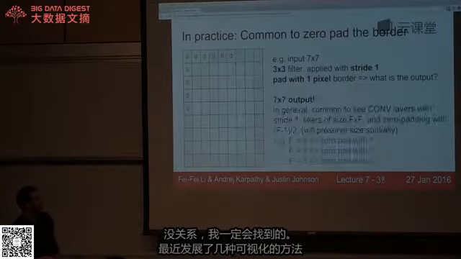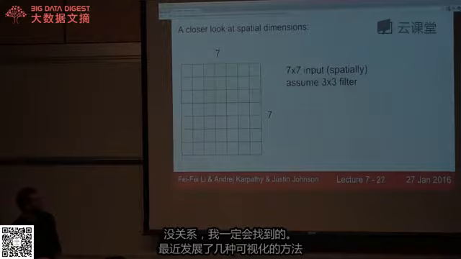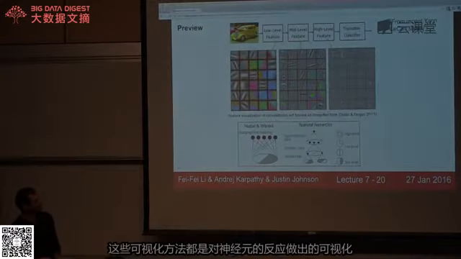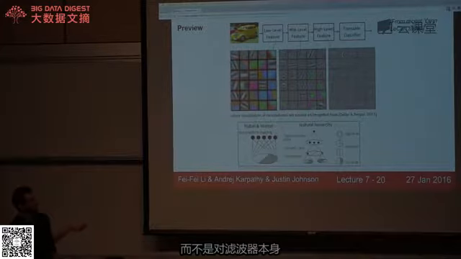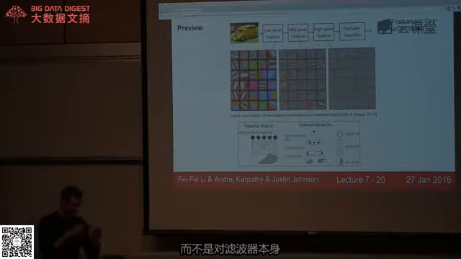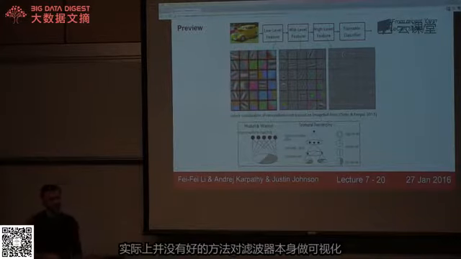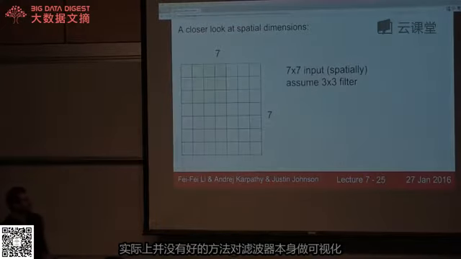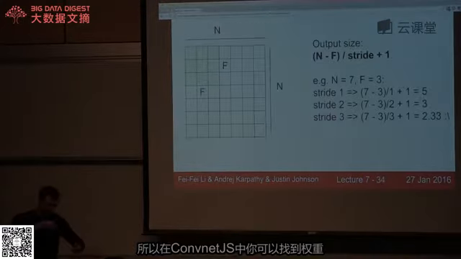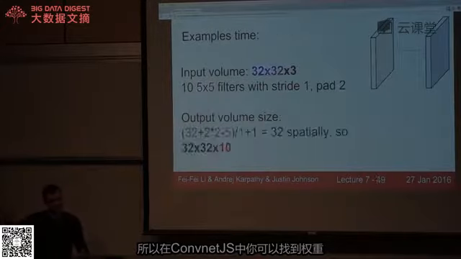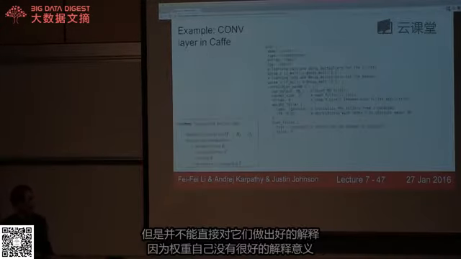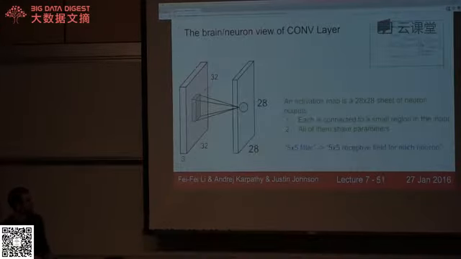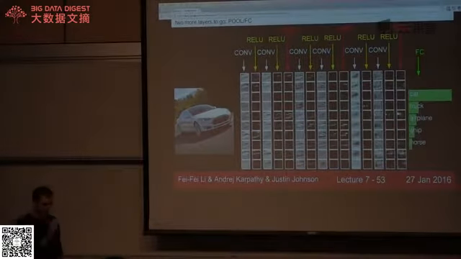Okay, we'll find it. There are some techniques that have been developed over the last 2 years. These visualizations are visualizing what the neurons are responding to, but they're not visualizing what those filters are. And there's no good way to visualize that, in fact. So in ConvNetJS, I visualize them just by insisting on showing the weights, but you can't interpret them when you look at them because they don't directly connect to the image, right?